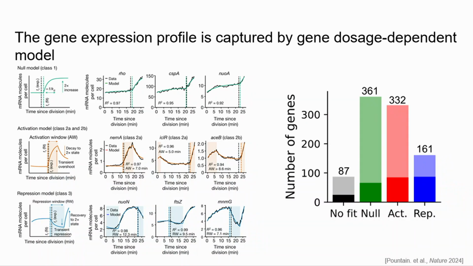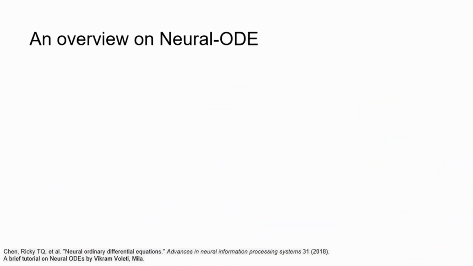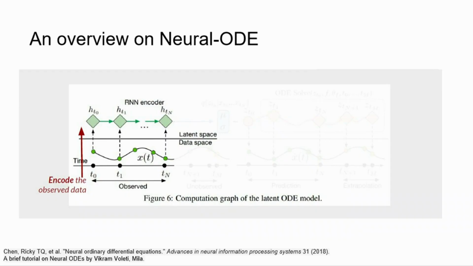And for doing this, we did some preliminary steps. The first one is using a neural ODE to use a single function to describe the behavior of all the genes inside the cell. First, I'll give you a brief overview of the neural ODE.